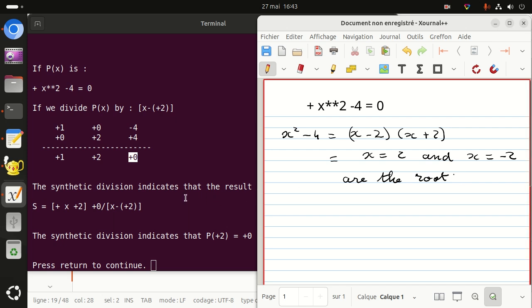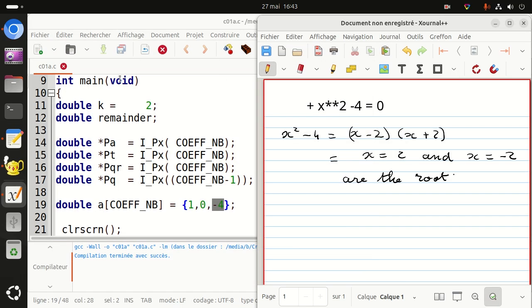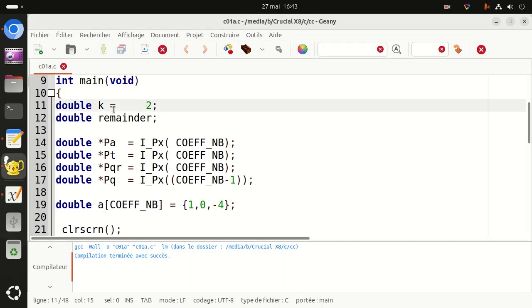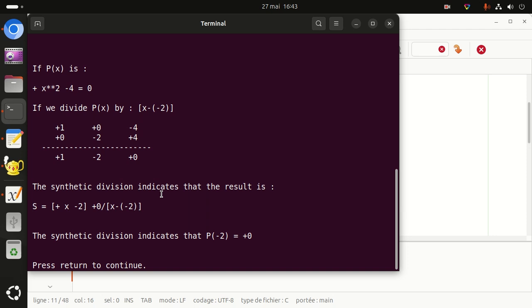I have chosen plus 2, and I see the remainder is 0. This is because 2 is a root of the polynomial. Now I try minus 2 with the same polynomial. The remainder is 0.